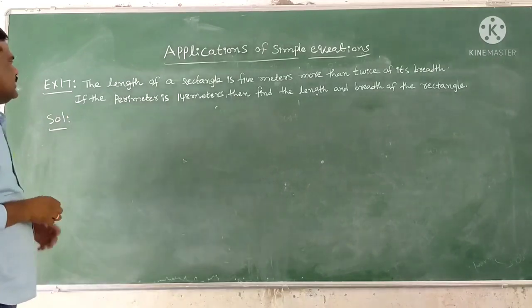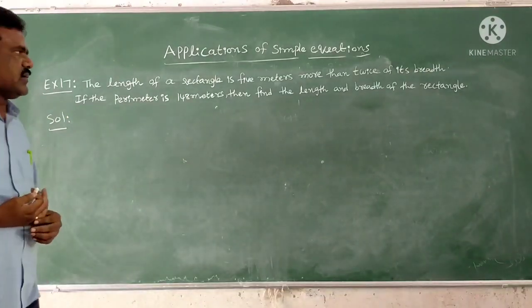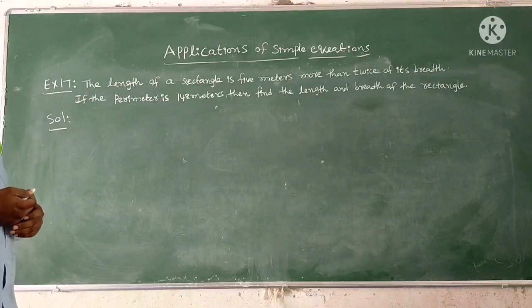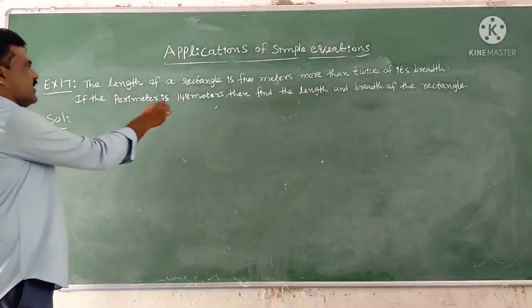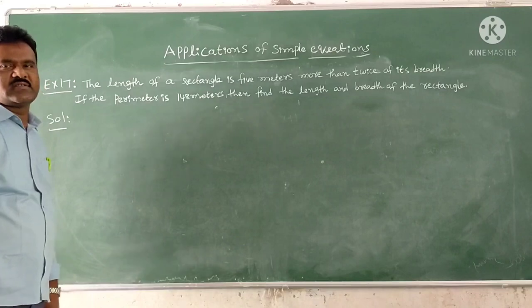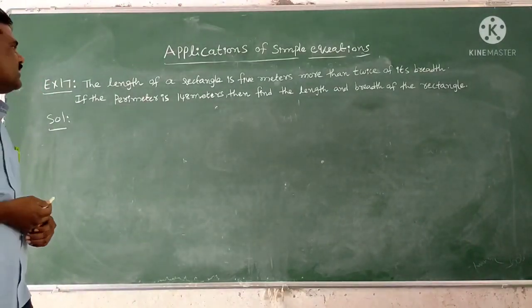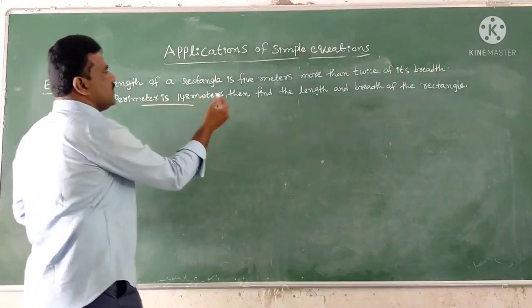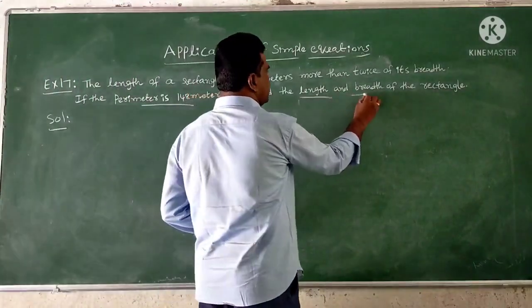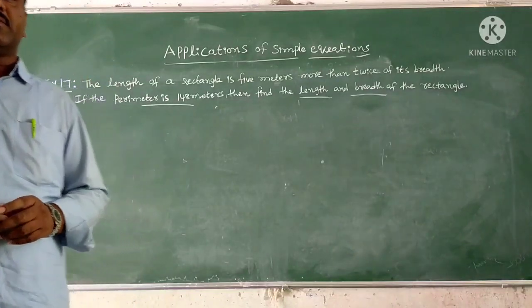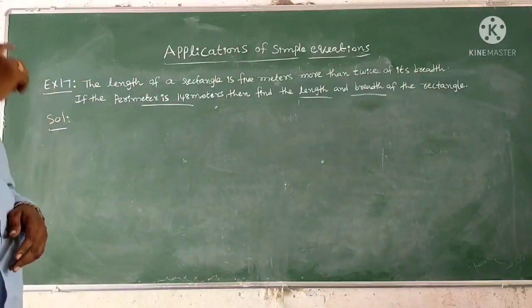Children, in this problem, what is given? The perimeter of the rectangle, 148 meters, is given. What is required? Length and breadth of the rectangle are required.